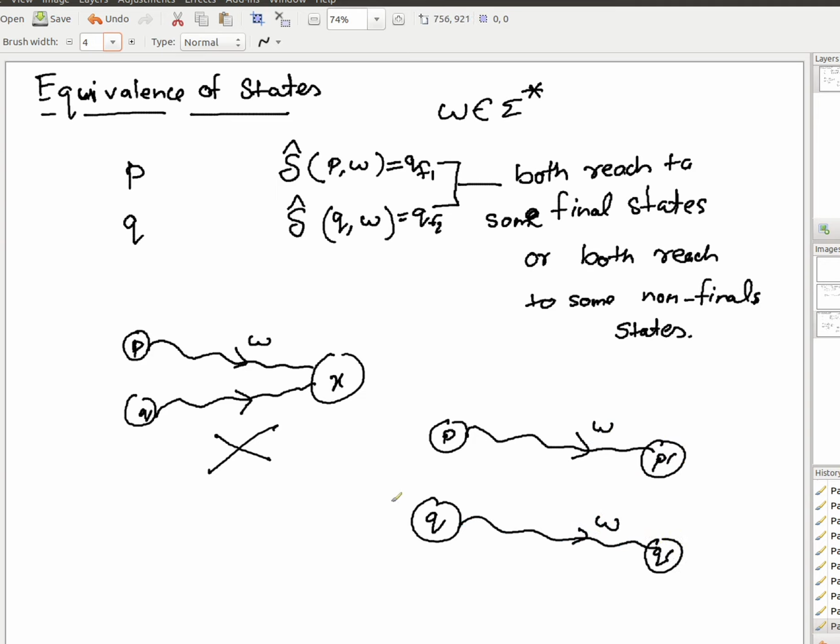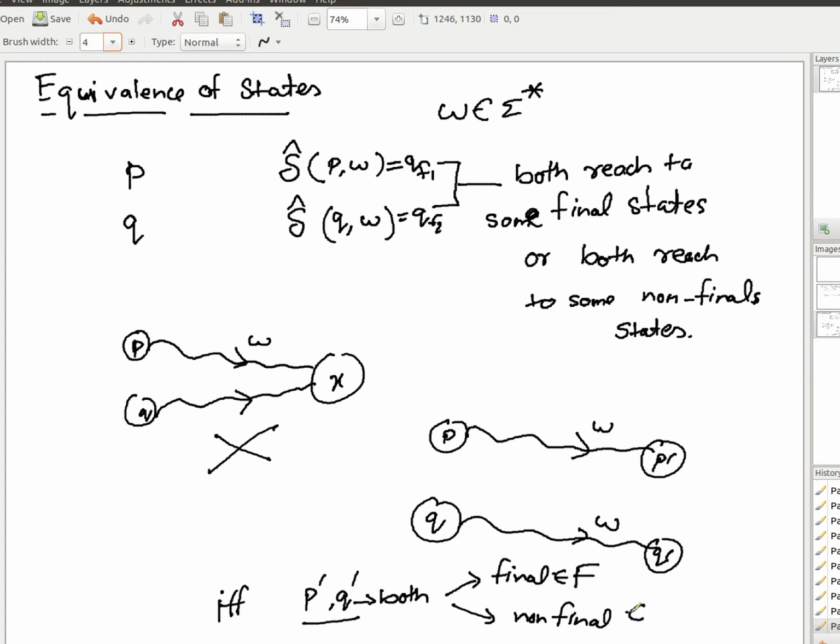Now, I will say that P and Q are equivalent if and only if P dash and Q dash both are final or both are non-final. They have to be of the same type. They should belong to F or they should belong to Q minus F. Is the definition clear?